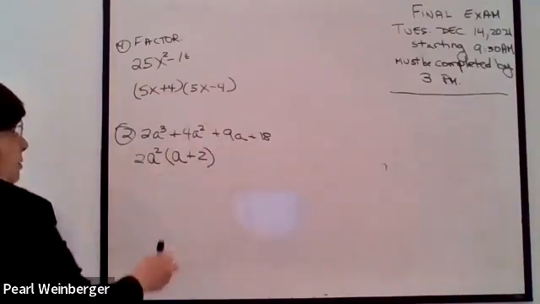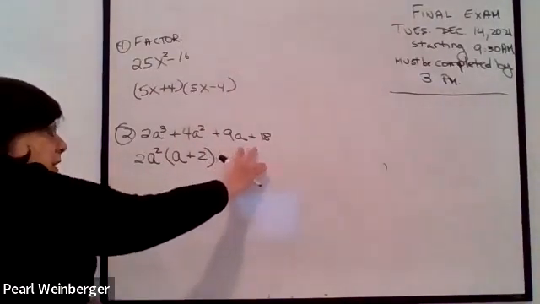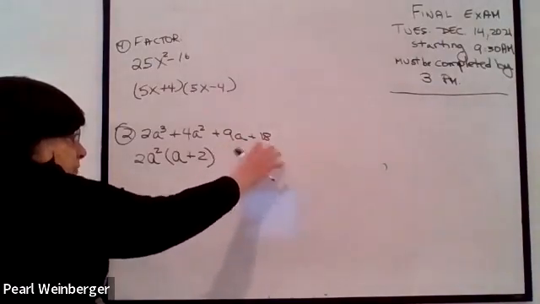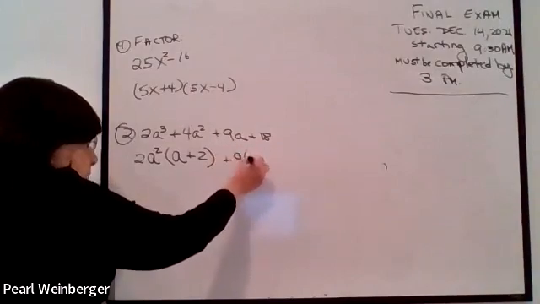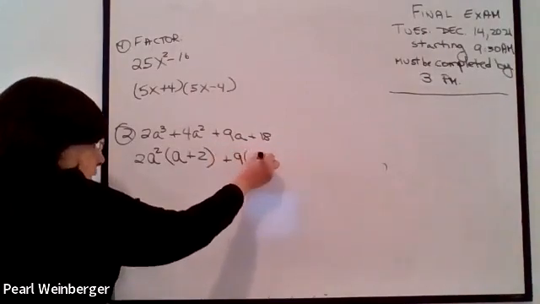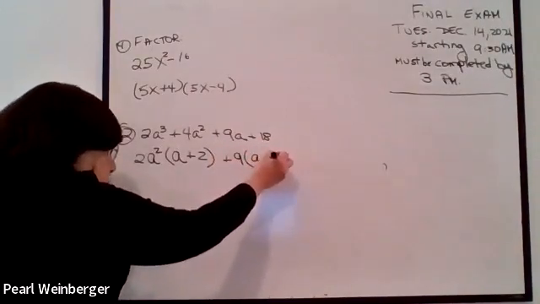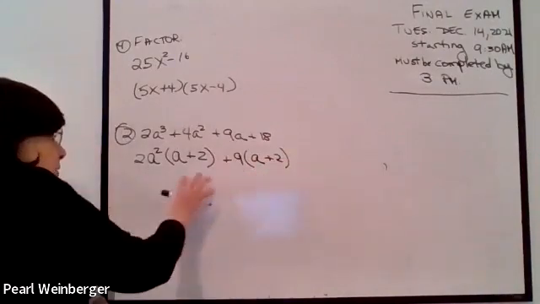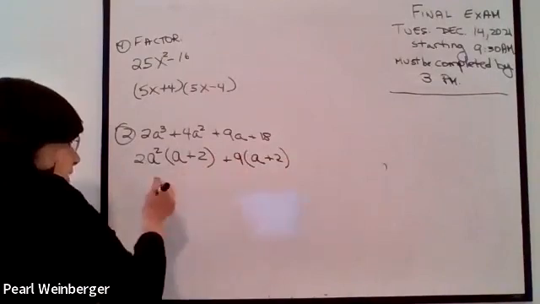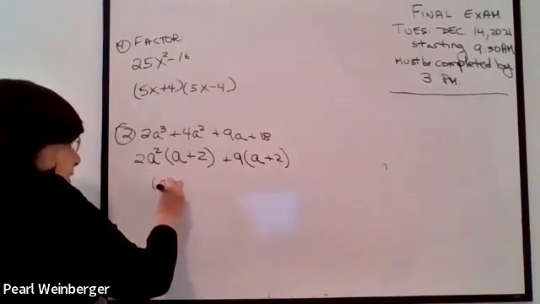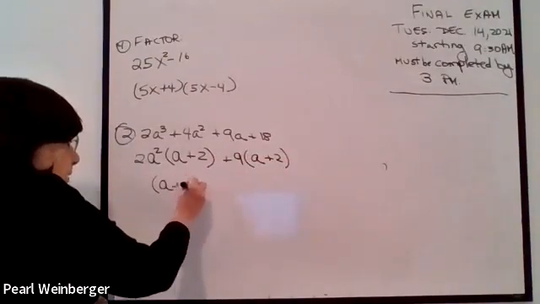The a squares cancel out. Then we go to our next group and look for a common factor there, and I see a common factor of 9. So that becomes 9 times a, and 9 into 18 is 2. And we see both of the parentheses are the same. So we have a common binomial factor of a plus 2.